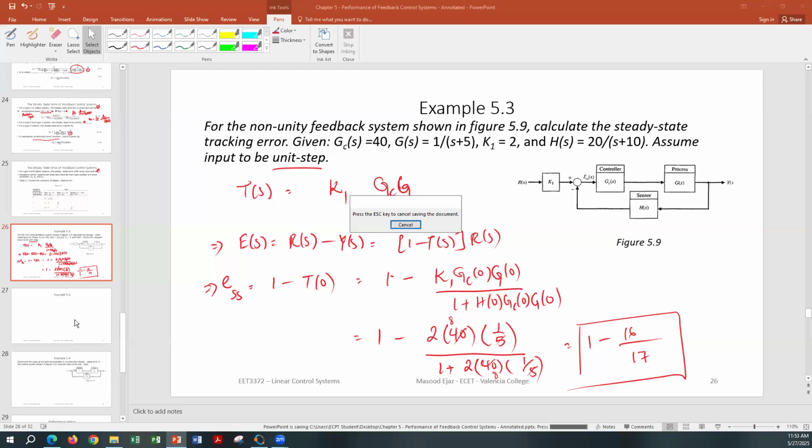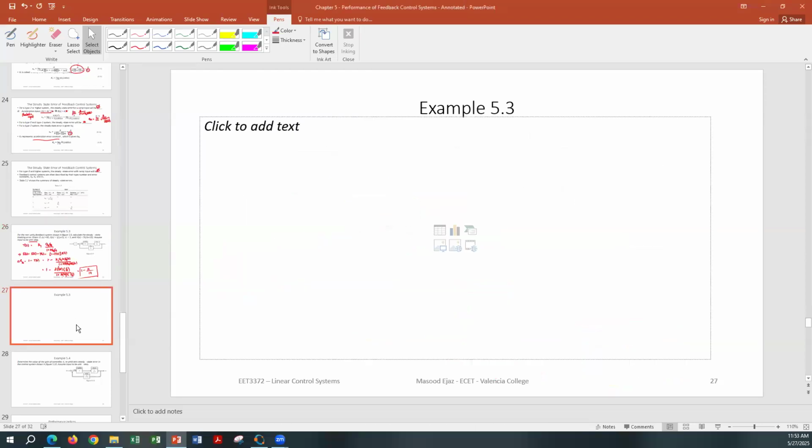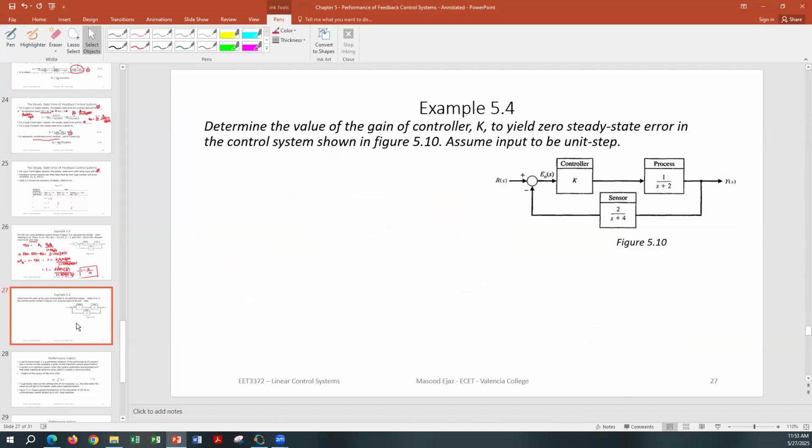Let's see. Let's delete this. Okay, determine the value of the controller gain K to yield 0 steady state error in the control system shown in figure 5.10. Assume input to be unit step value. Let's look at that.